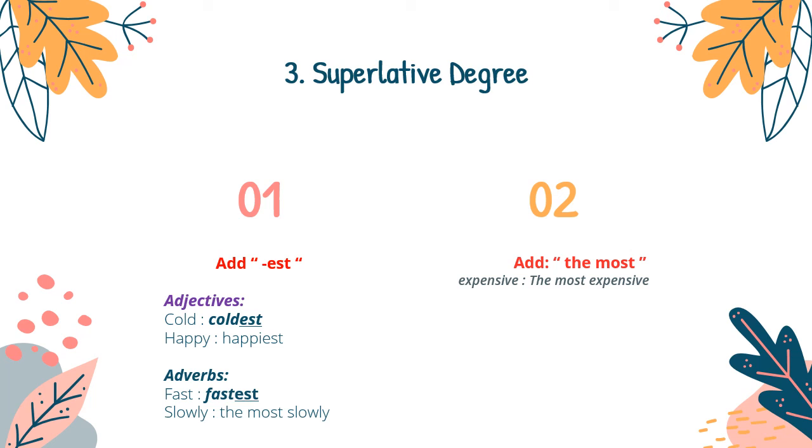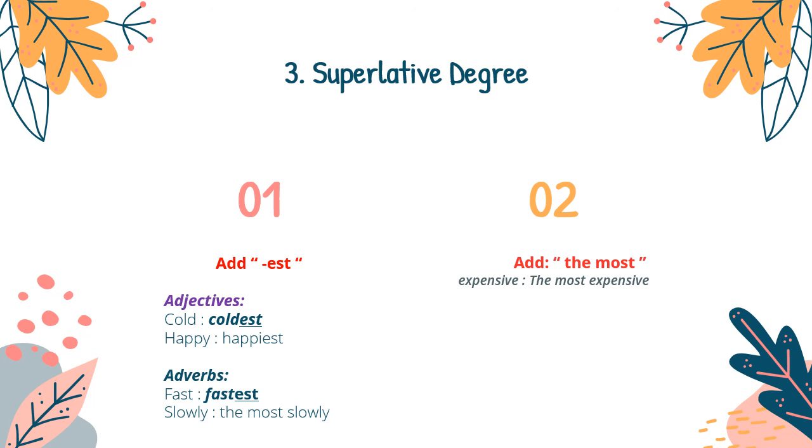The last degree of comparison is superlative degree. In superlative degree, we also have rules for one syllable adjectives or when the adjectives have more than one syllable. Now take a look at the first one, for the one syllable adjective. When the adjective consists of only one syllable, we just add est.